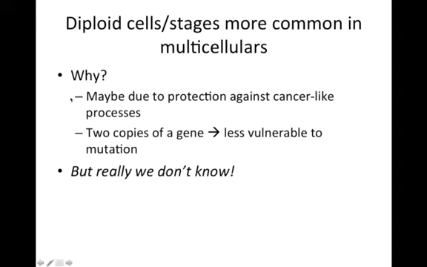We don't know why this is the case, but people speculate maybe this is due to protection against cancer-like processes. We haven't discussed cancer yet, but we will, and it can involve mutation of genes. So the idea is if you have 2 copies of a gene, then maybe that makes you less vulnerable to losing both copies of the gene. But this is still really speculation. We really don't know.